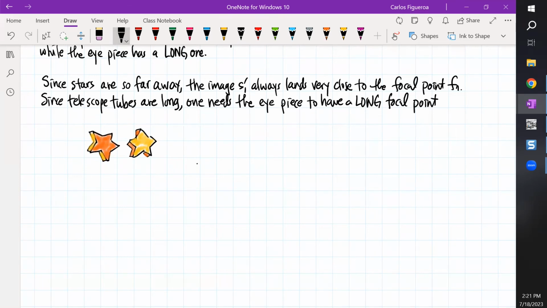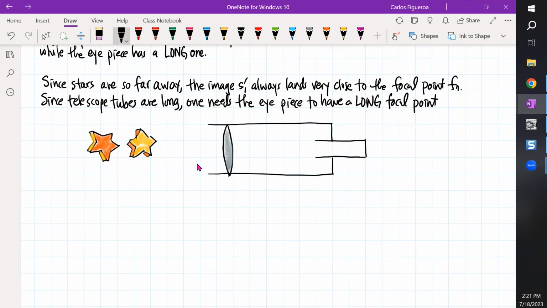So if I look at my telescope tube, I imagine that I have my lens. Okay. And if I have my lens, let's say that this right here is going to be my objective lens. But I typically have this in a long tube. And then right here, I'm going to have my lens for the eyepiece.